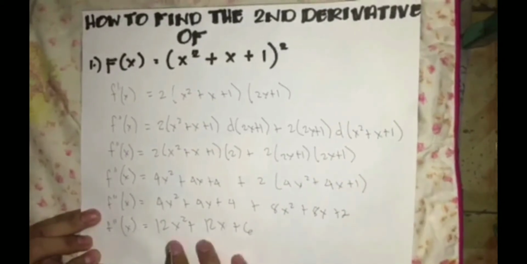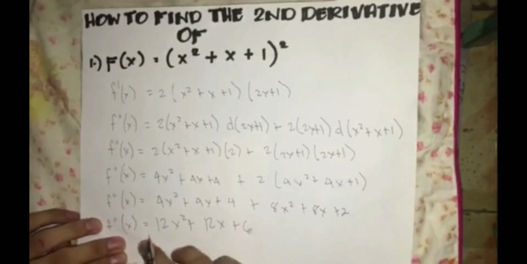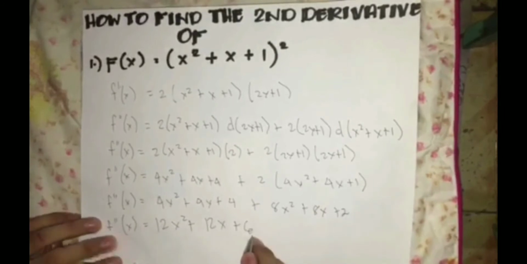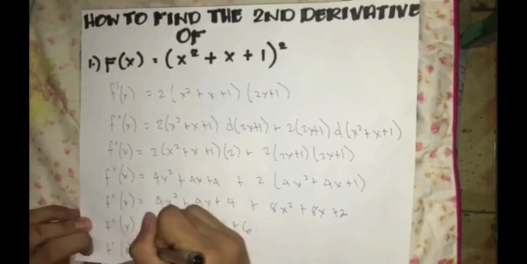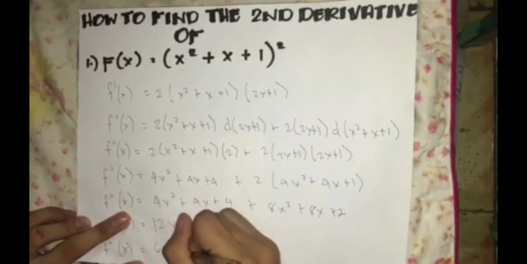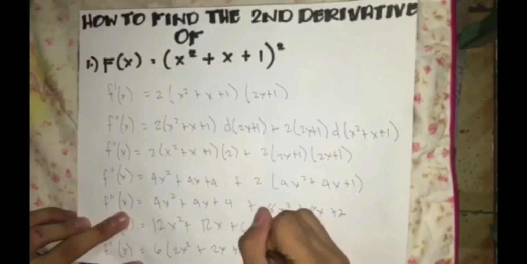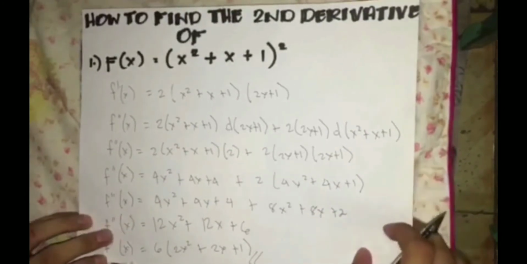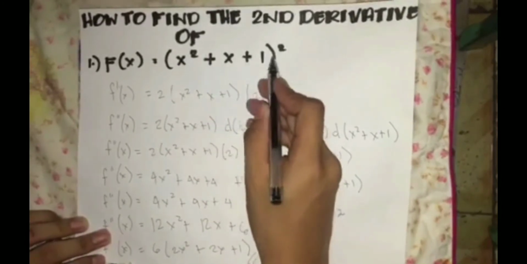After you do this, this is the final answer. So you need to factor this out to get 6 times the quantity 2x squared plus 2x plus 1. So this is how you get the second derivative of the quantity x squared plus x plus 1, squared.